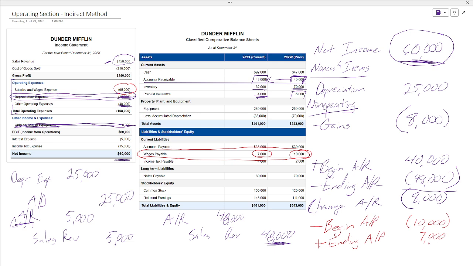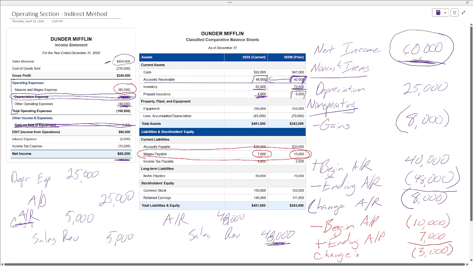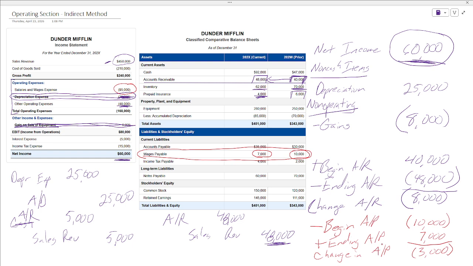Again, it is acceptable to net these together. So we have a negative $3,000. We subtract the beginning, add the ending. So our change in accounts payable, or wages payable, would be negative 3,000. Again, it doesn't mean that we paid 3,000 if we put this all together in the operating section.